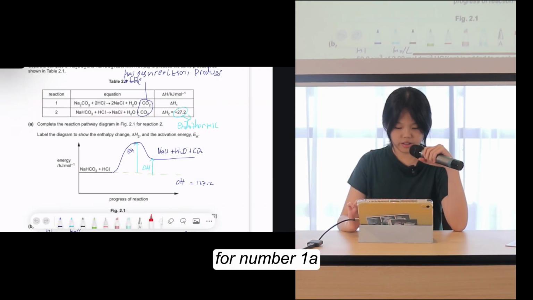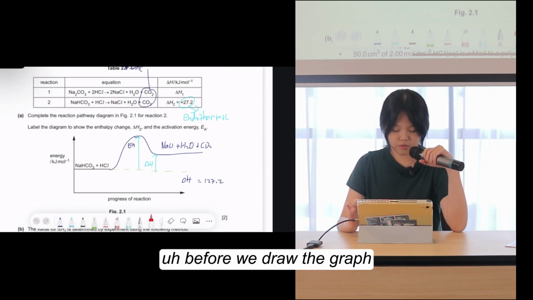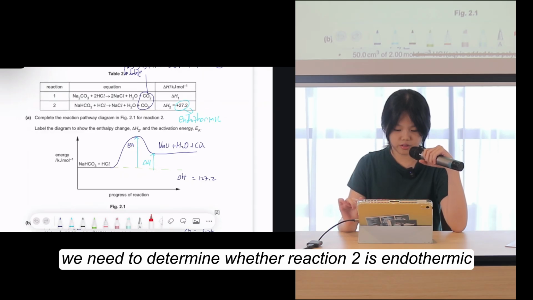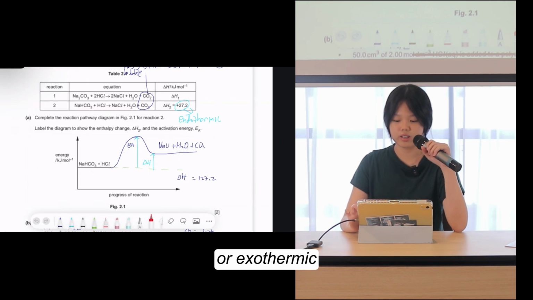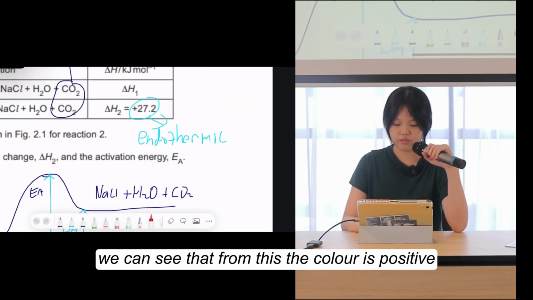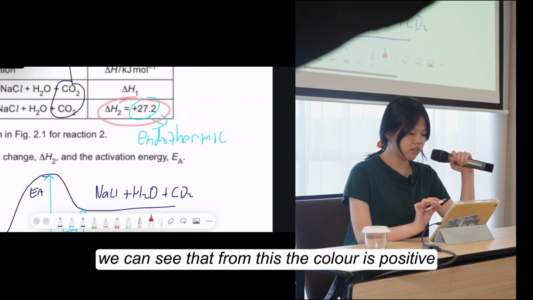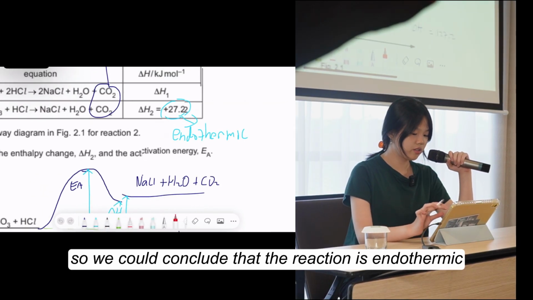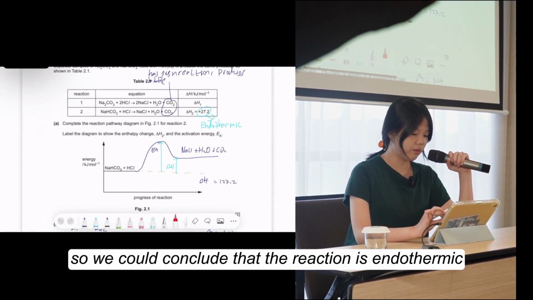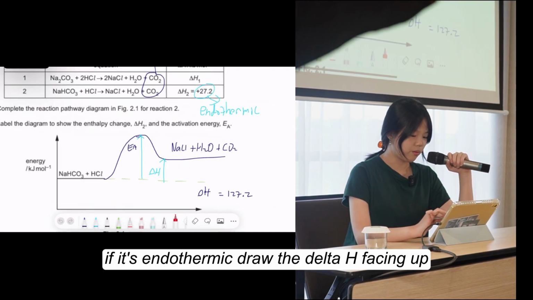For number 1A, before we draw the graph, we need to determine whether reaction 2 is endothermic or exothermic. We can see from this that the value is positive, so we could conclude that the reaction is endothermic. If it's endothermic, draw the delta H facing up.